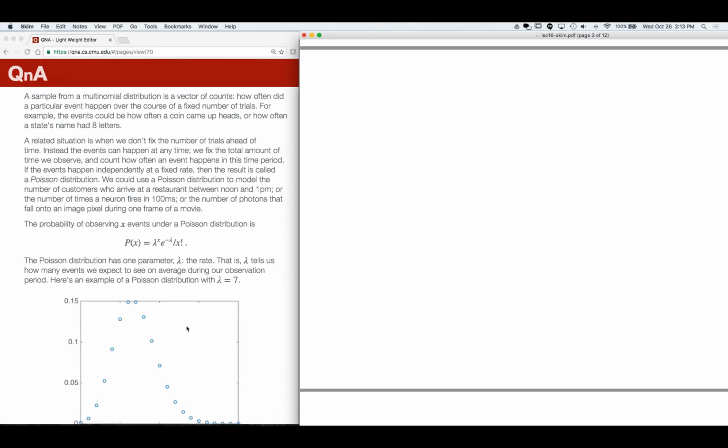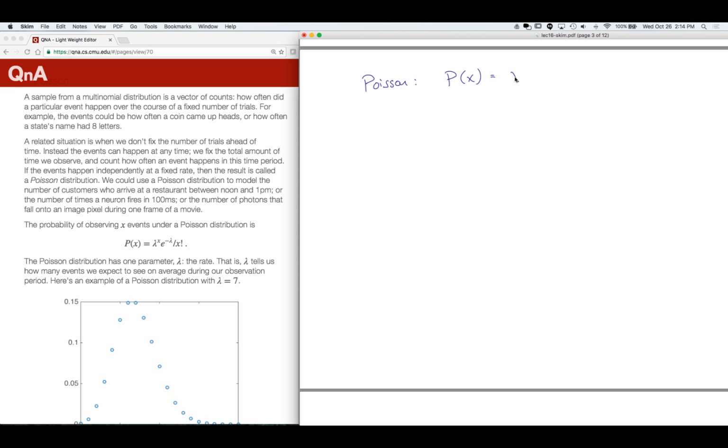So if we go back up, in the Poisson we have p of x, call that p sub lambda of x, equal to lambda to the x, e to the minus lambda, over x factorial.